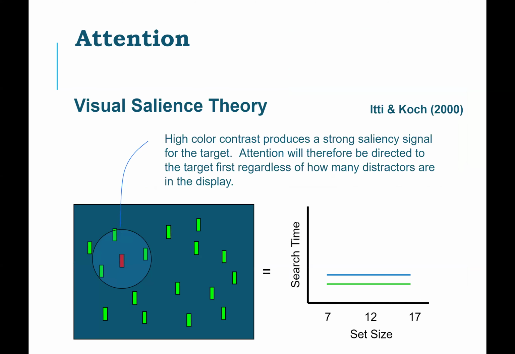So how would this approach explain the data that we talked about? The reason you're very good at this task is not necessarily that there are features captured in only one map that differ between the target and the distractor, but rather that the target is so salient in the sea of green objects.